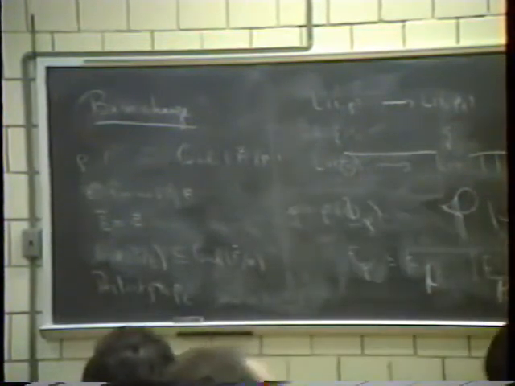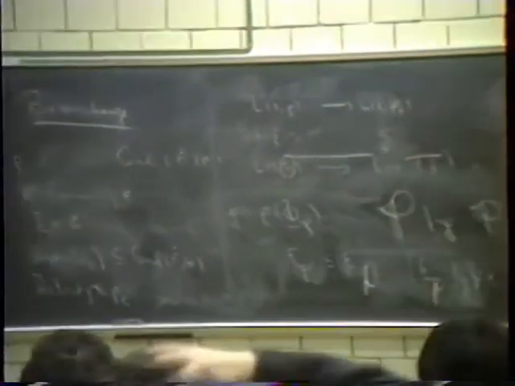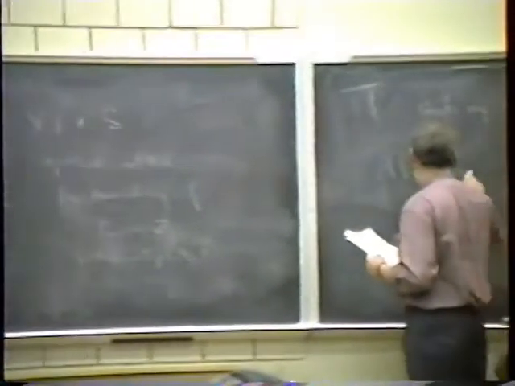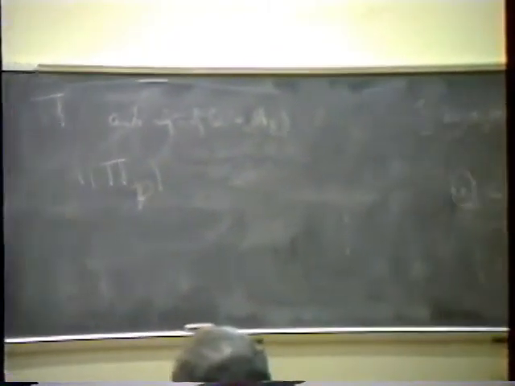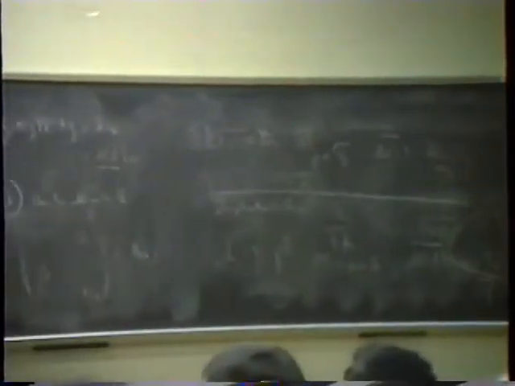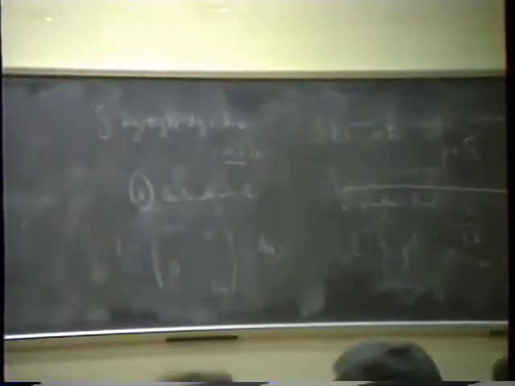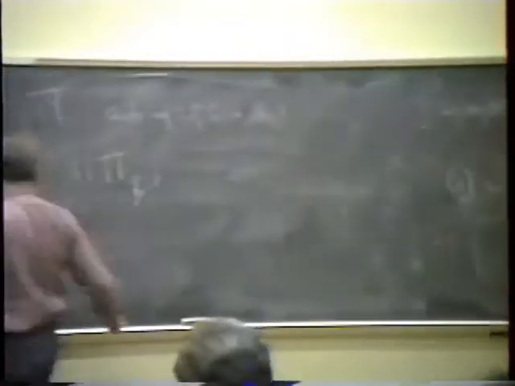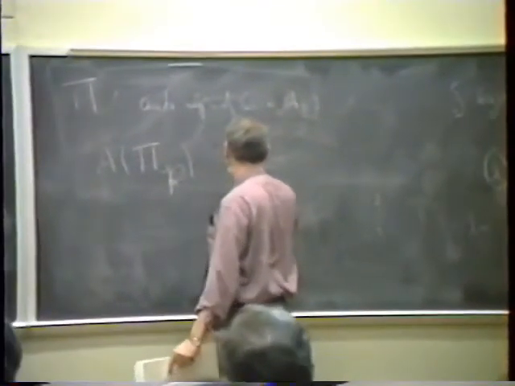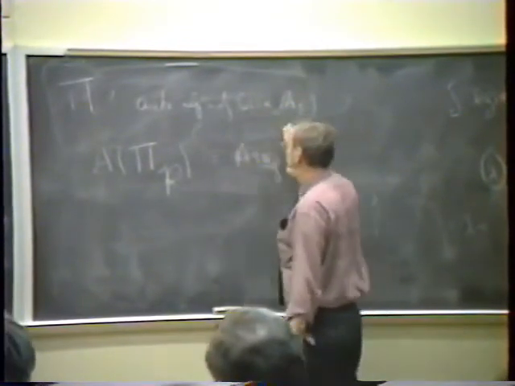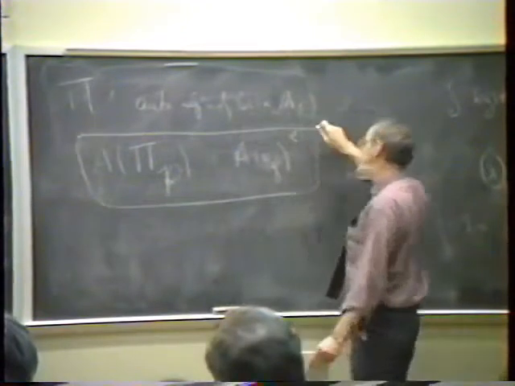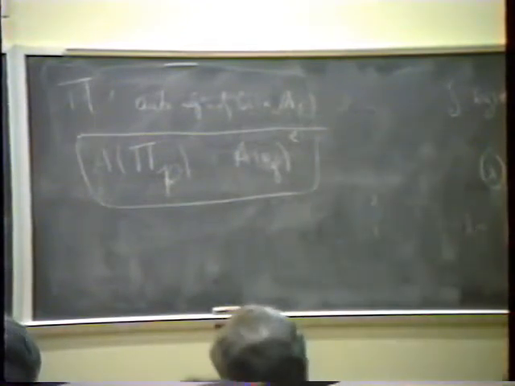So all I have to tell you now, to tell you what this capital pi should be, is what this matrix A pi sub P should be for every prime P. Here I worked over Q, but let me now come back to my Gothic letters. And this, of course, you've seen what it is. It's just the eth power. So this is, so to speak, the defining equation for capital pi.